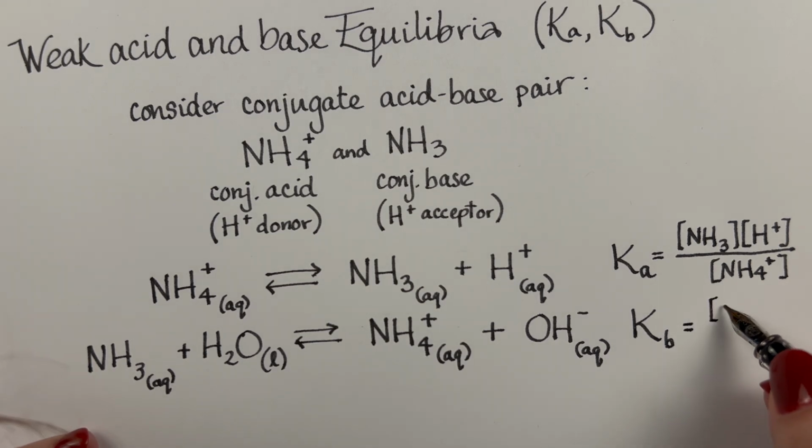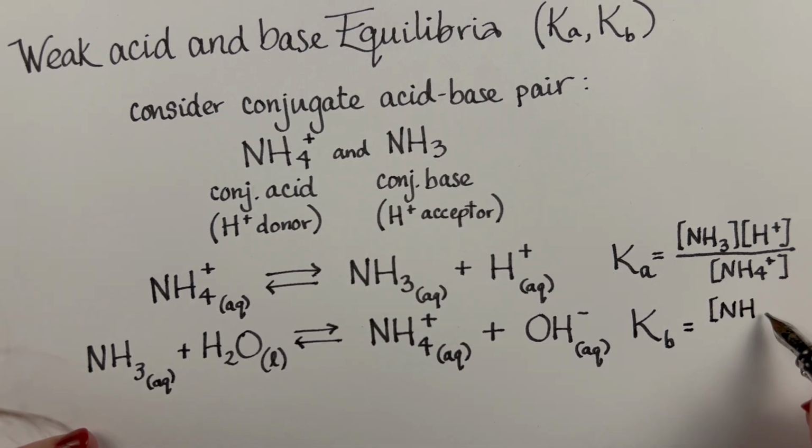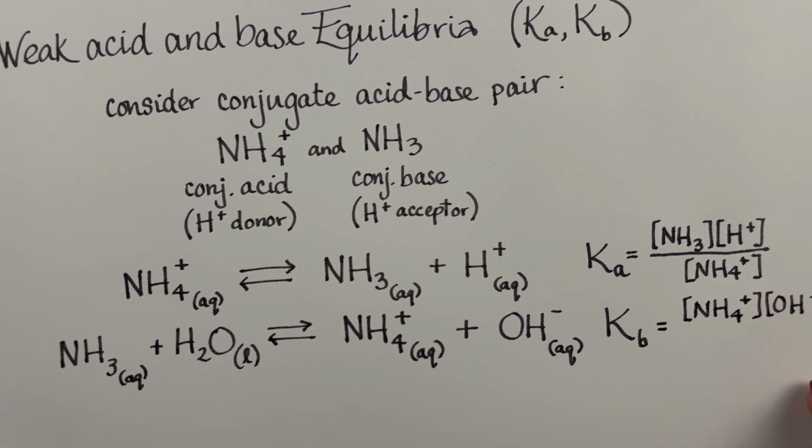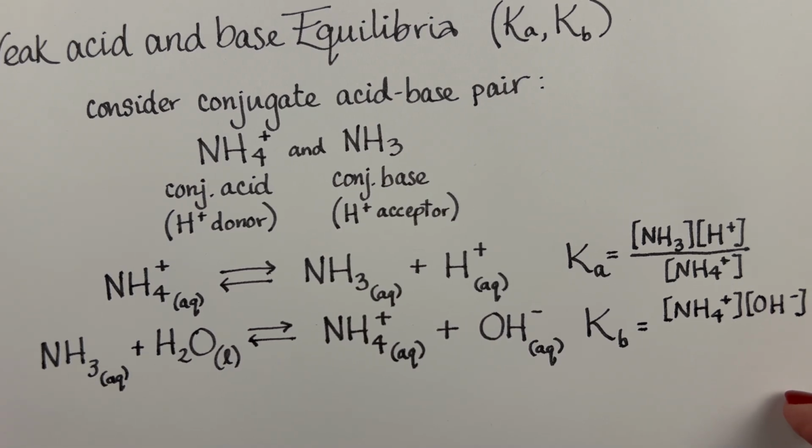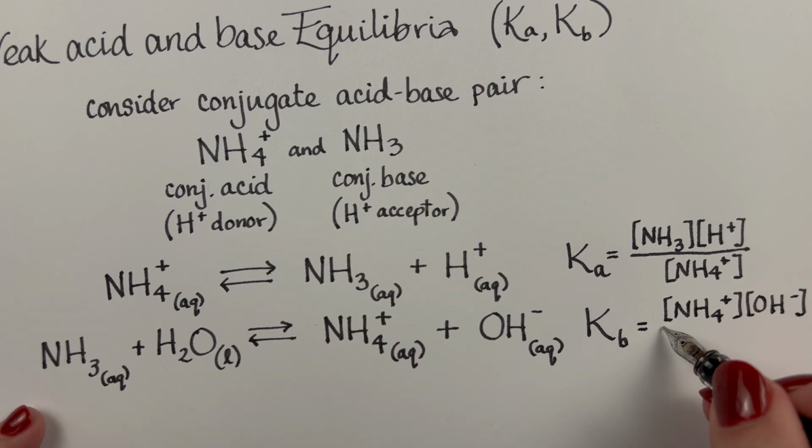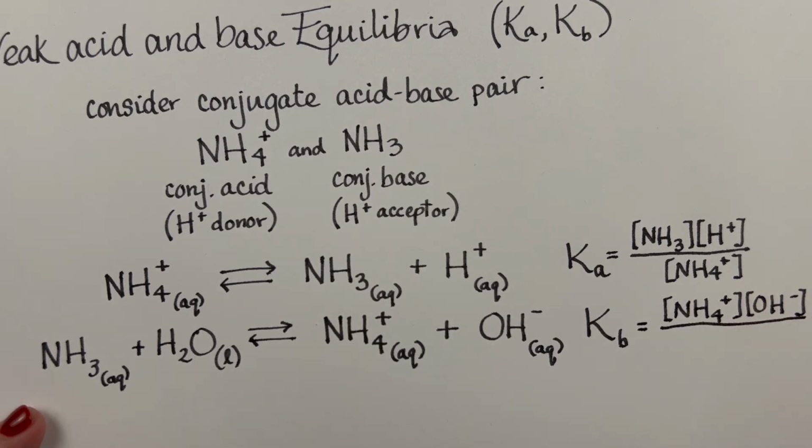So we write this out as NH4 plus times hydroxide and divide it by the reactants.